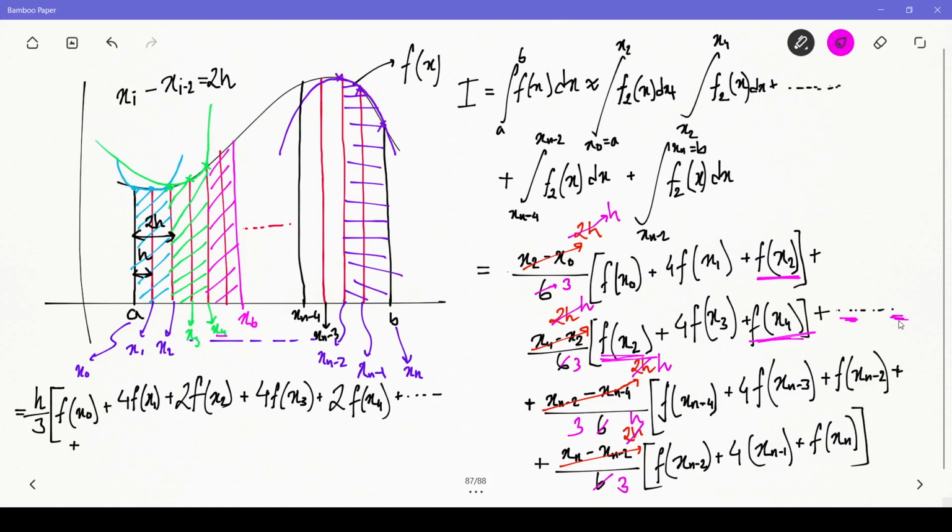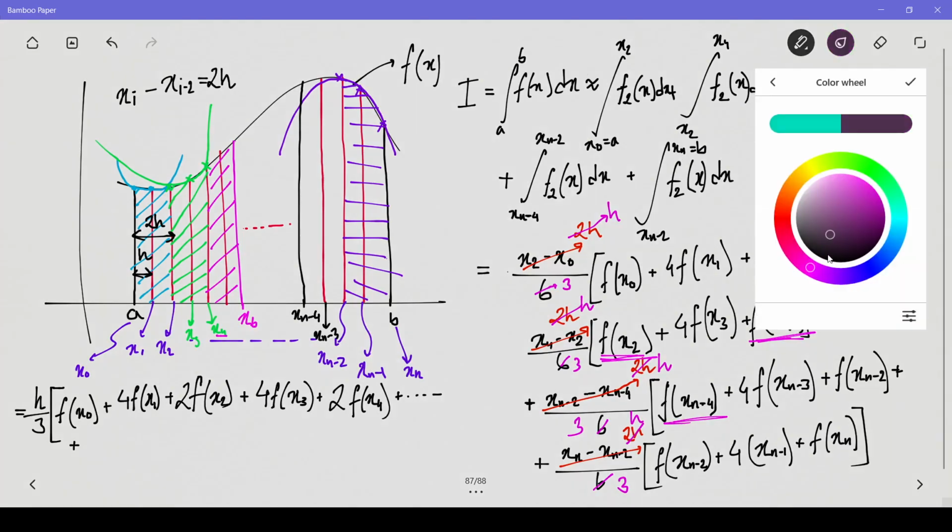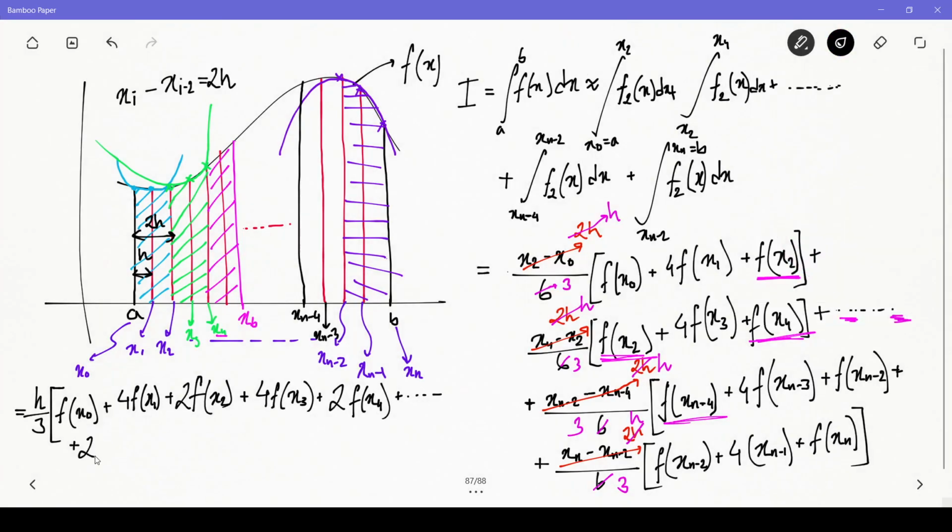So that f of x sub 4 and this f of x sub n minus 4, these two together in aggregate form 2 times f of x sub n minus 4. And plus we have 4 times f of x sub n minus 3.